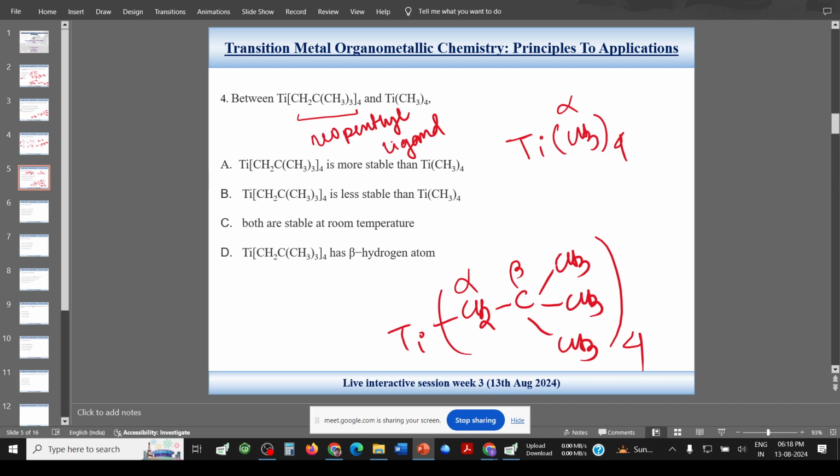So ideally both complexes should be stable, but we have seen that due to the coordinative unsaturation, these titanium tetramethyl complexes are very reactive, because of this small methyl group, and it is 4.